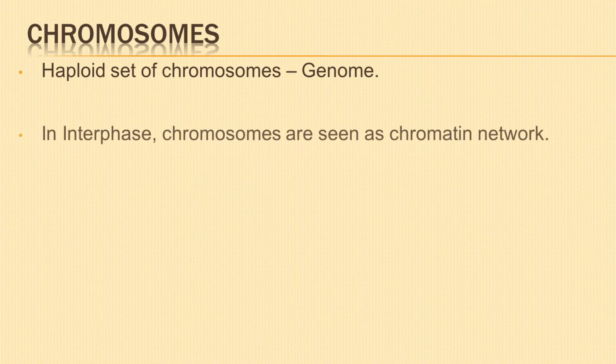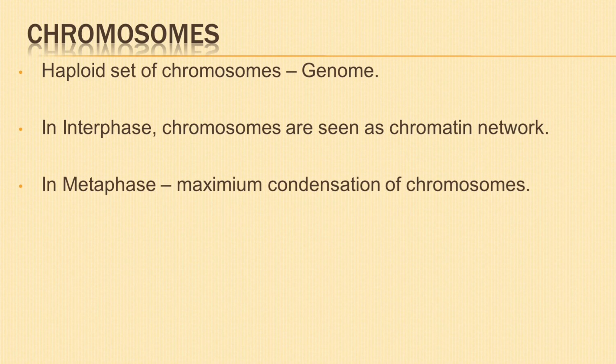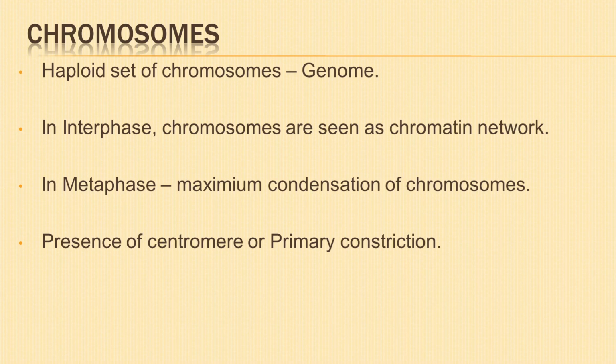In interphase, chromosomes are in the form of chromatin network. In metaphase, they show maximum condensation and appear short and thick. A metaphasic chromosome consists of two sister chromatids joined at the centromere. The centromere is also called the primary constriction.